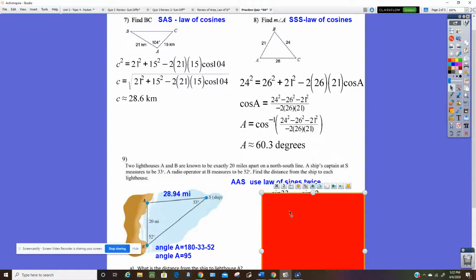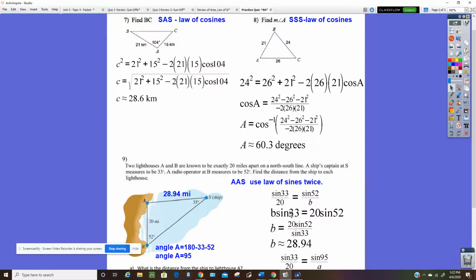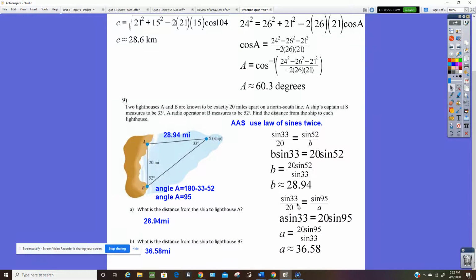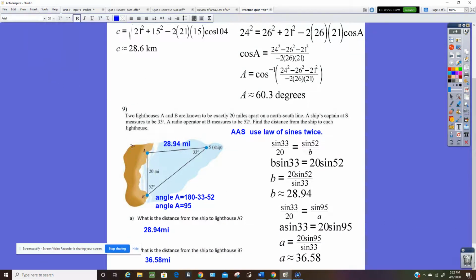Since you're given angle side, you're going to use the law of sines twice. The first time, you find this side, 28.94. The second time is this side, 36.58 miles.